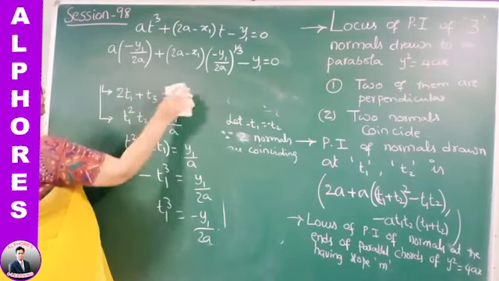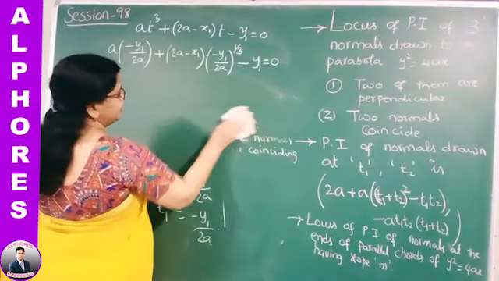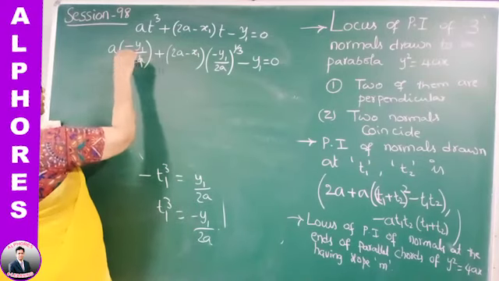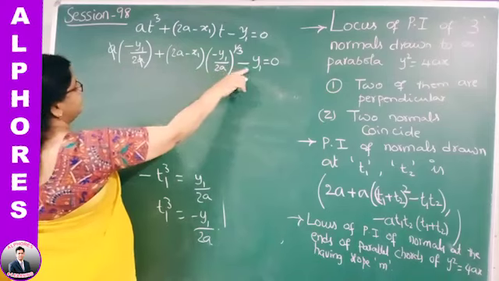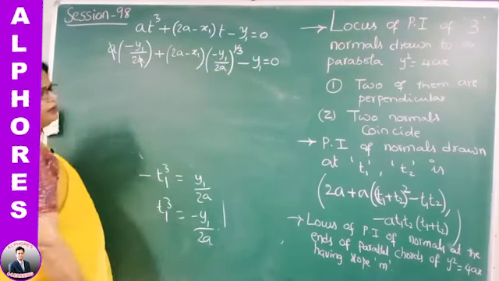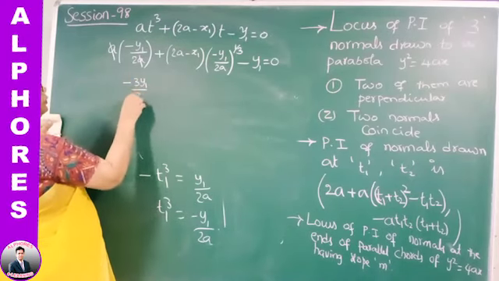Then let us take the term which is with irrational value to the other side and leave the other values on one side. Now A and A get cancelled here. Then we are taking these two values into consideration. So minus Y1 by 2 minus Y1, that is nothing but minus 3Y1 divided by 2.